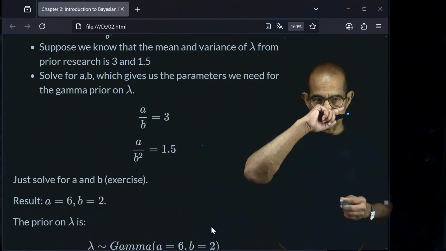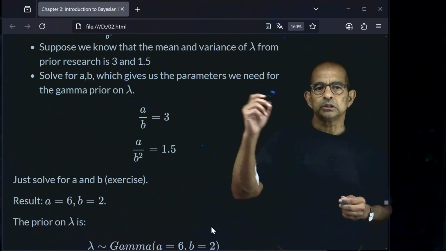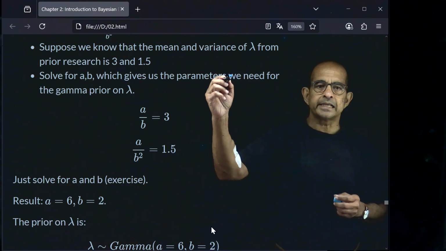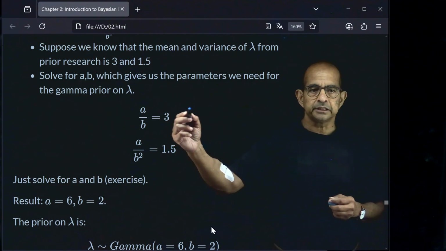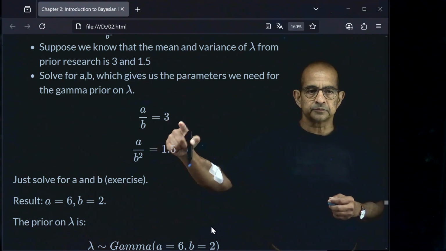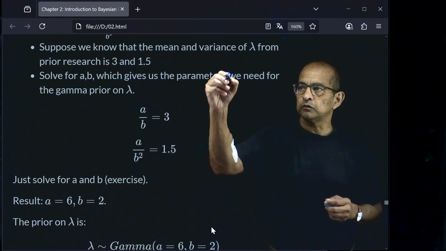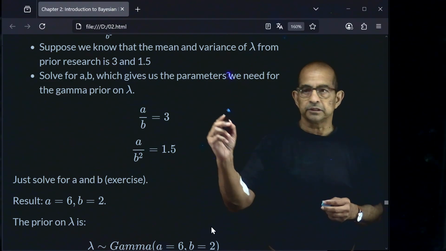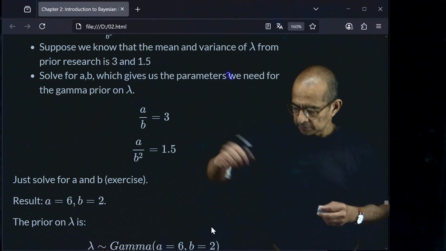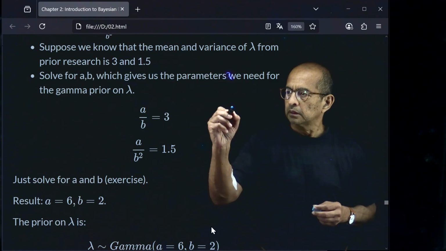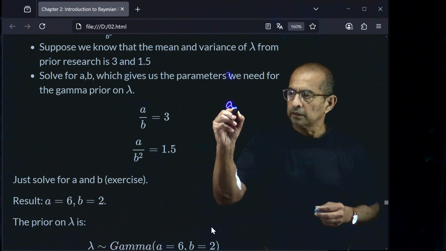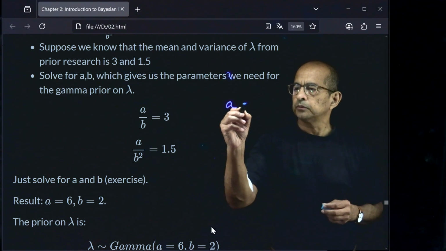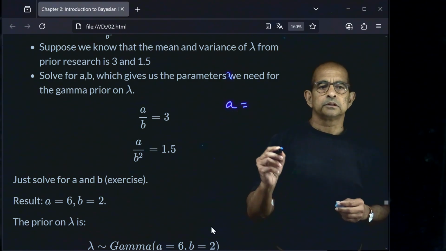So how do I proceed now? I could rewrite a in terms of b. So a would be equal to 3 times b.